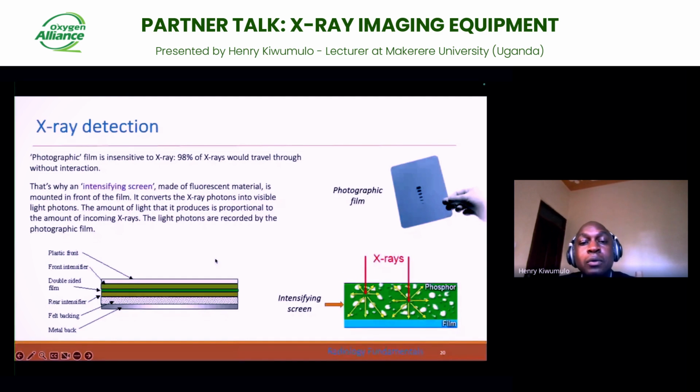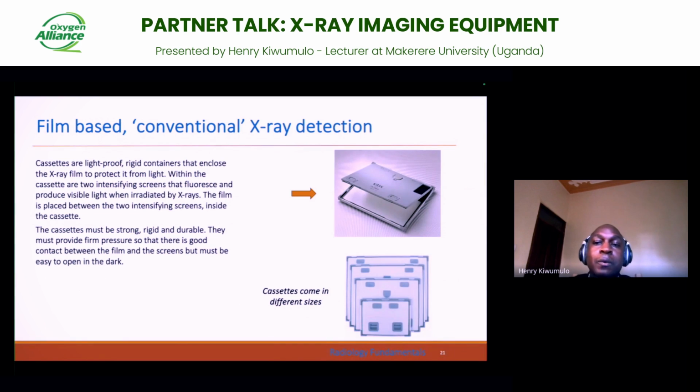The amount of light that is produced is always proportional to the amount of X-rays. In the process, the light photons are the ones that get recorded onto the photographic film. And at the end of the day, we are able to map out an X-ray image. So this is basically the general detection of these X-rays.